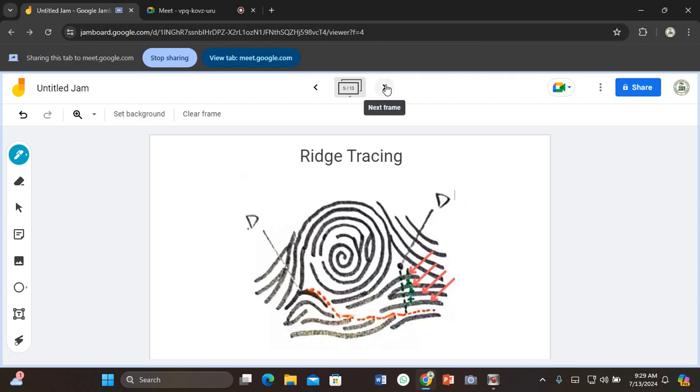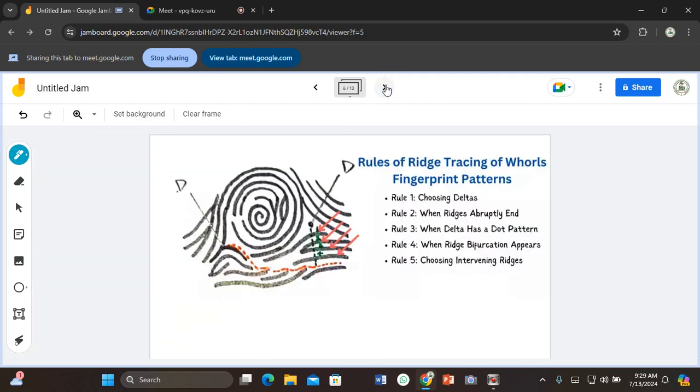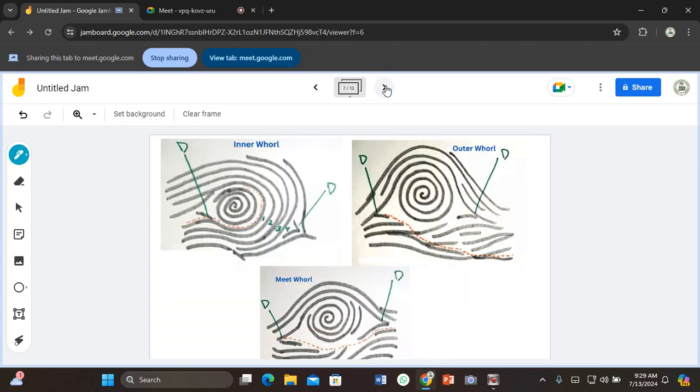Then, if it is otherwise, let me go forward. Now let's come here. Now look at it.